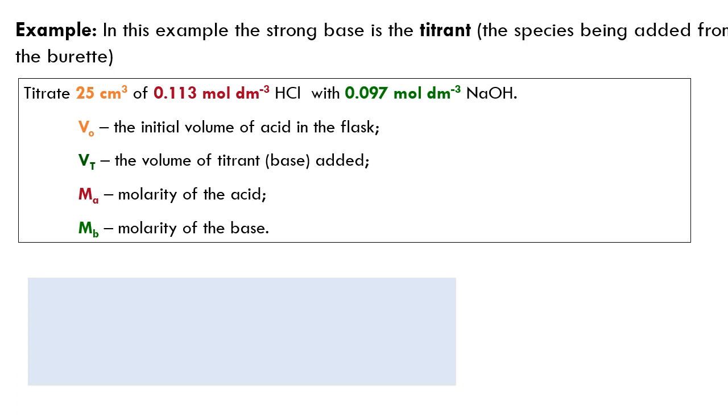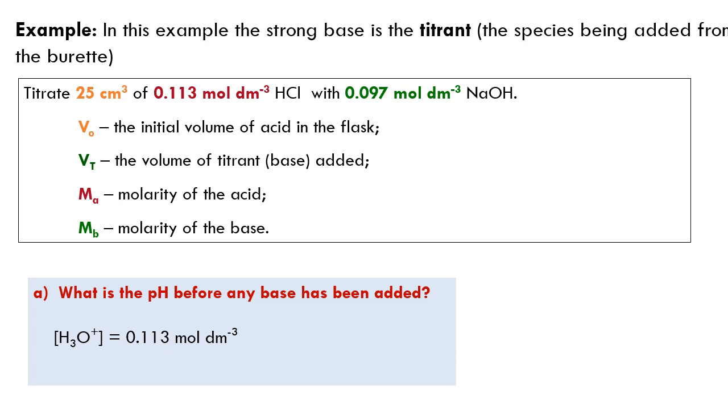We are going to be looking at the volume of our titrant that is being added, and we have to consider the molarity of the acid and the molarity of the base. In this case, we know the concentrations of our acid and base. In other cases, for example in the lab, we may need to determine the concentration of an unknown.